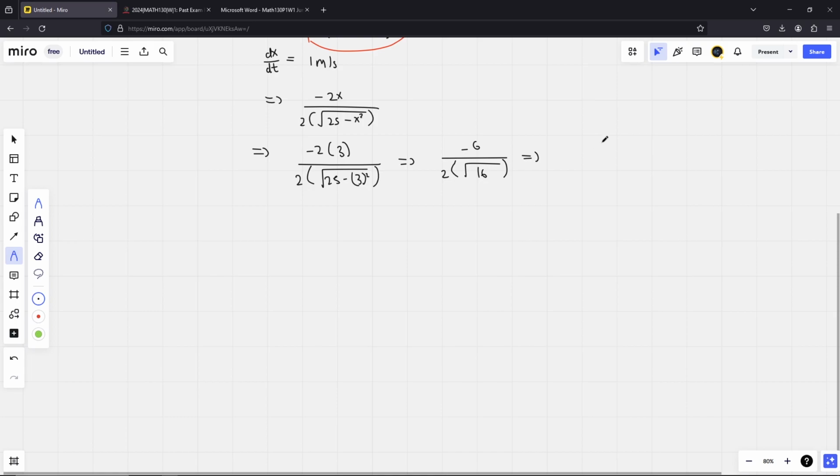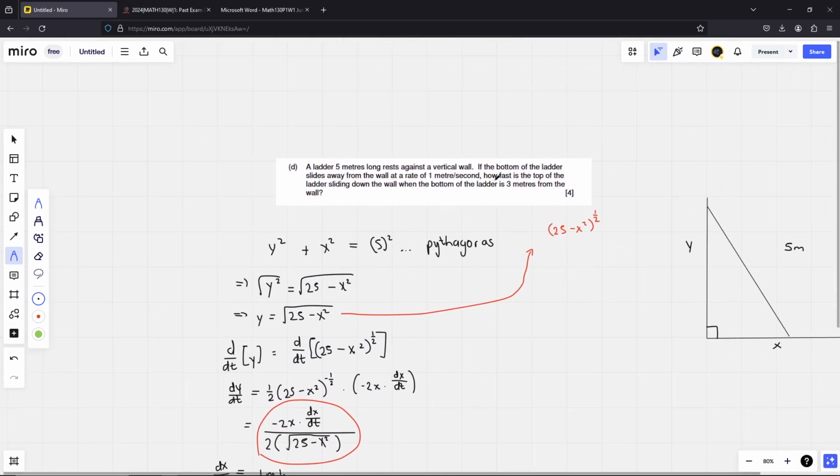Then simplifying that even more, 2 into the root of 16 will be 4. And we're going to come down here and multiply 2 by 4, we'll get 8. And simplifying that one more time, we can say that that's minus 3 over 4.